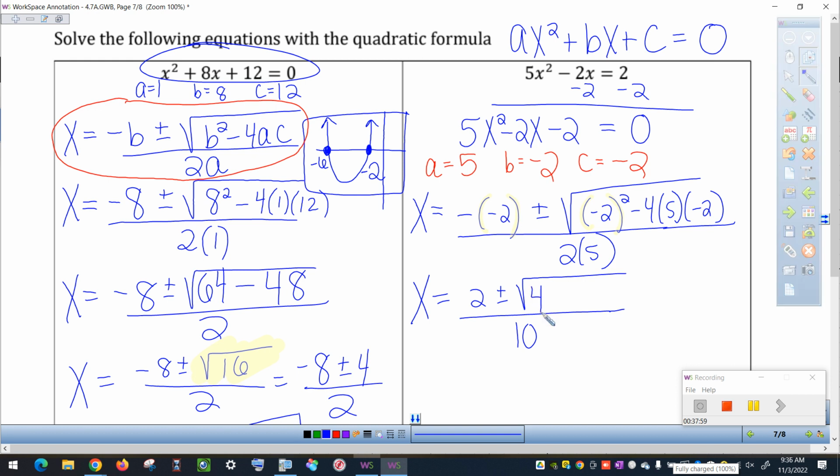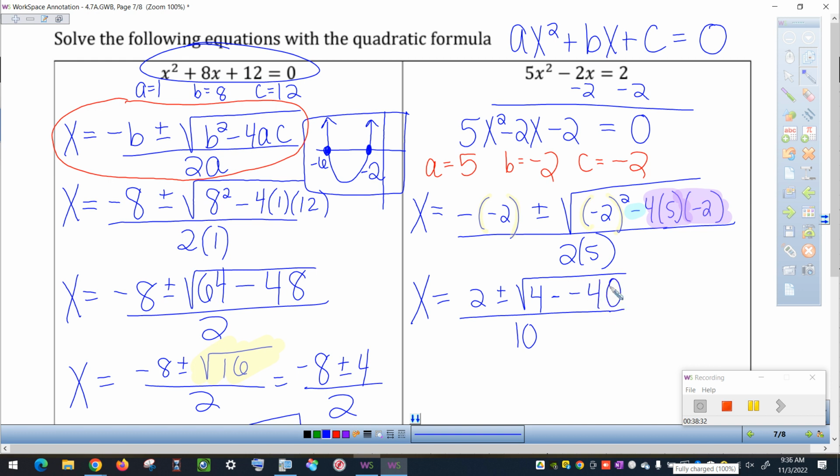I'm going to go ahead and bring down that minus sign, but then I'm going to think about multiplying together these 3 numbers that were behind the minus sign. Well, if I do 4 times 5, that's 20. 20 times -2 is -40. But remember that it's being subtracted. So I'm actually subtracting -40.